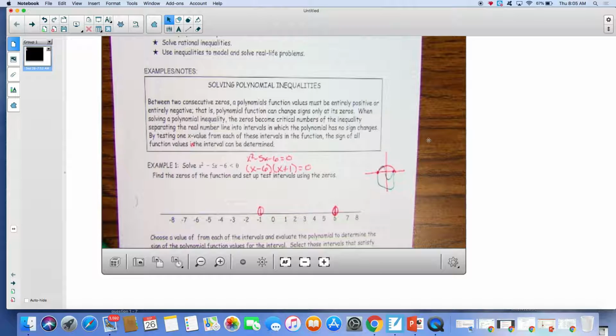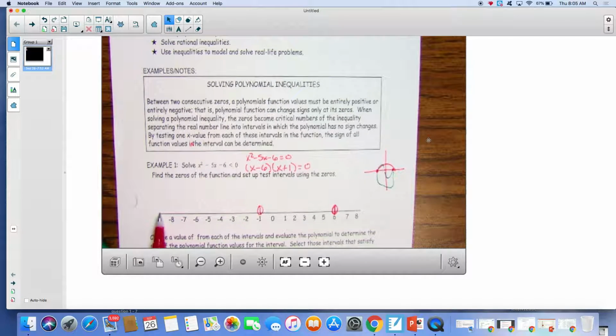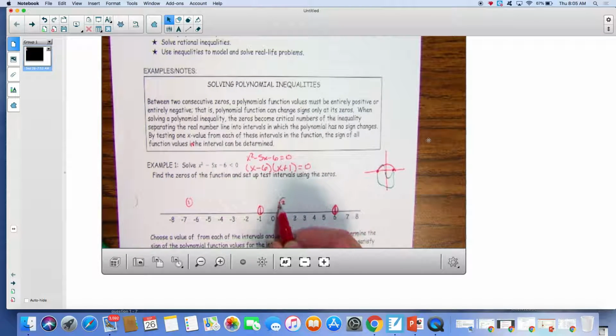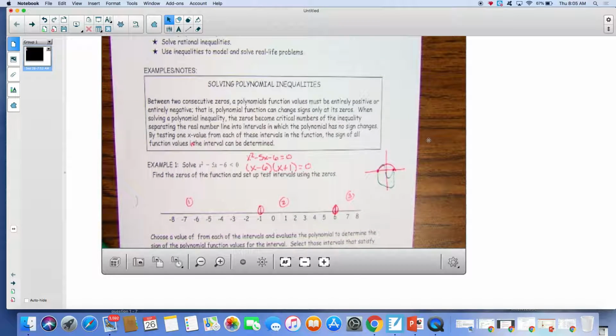Down below, I spelled it out for you. From negative infinity, this is interval number 1, call this one 2, call this one 3. So from negative infinity to negative 1, evaluate the polynomial at, give me a number. You can pick any of these. I'm just going to pick the smallest one, negative 2.